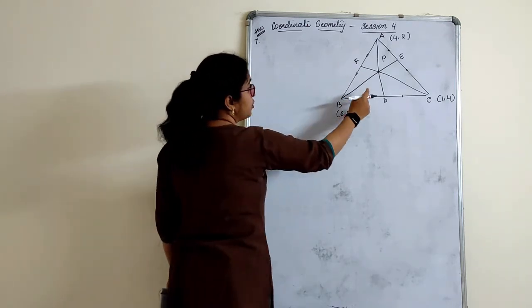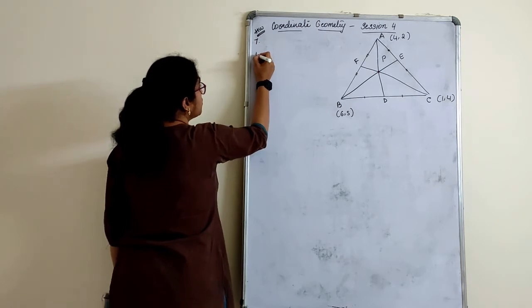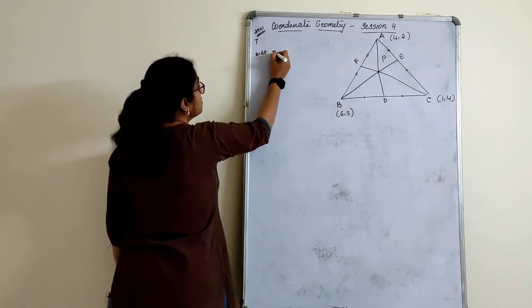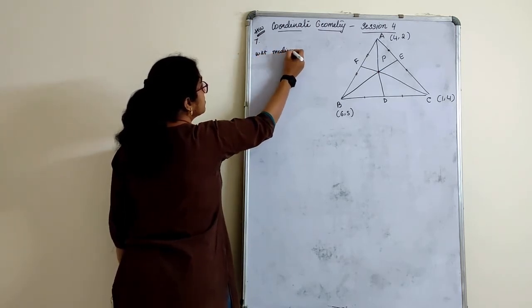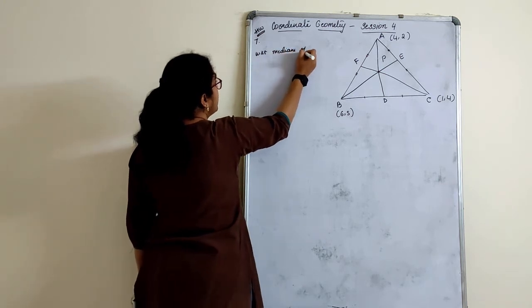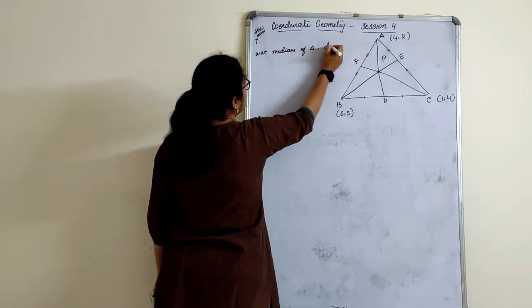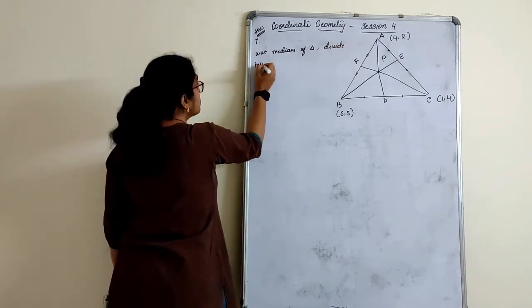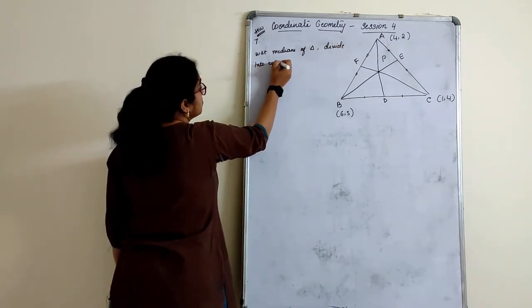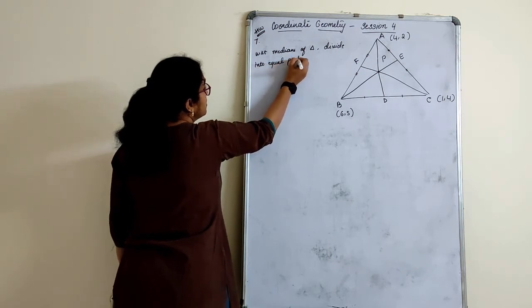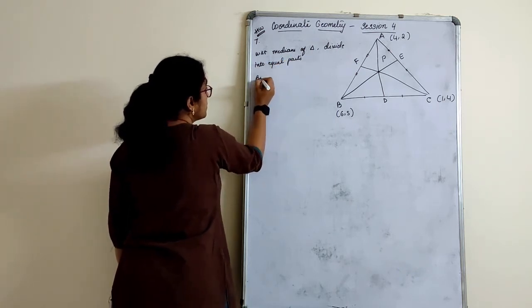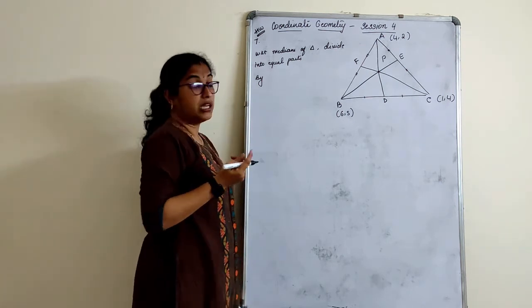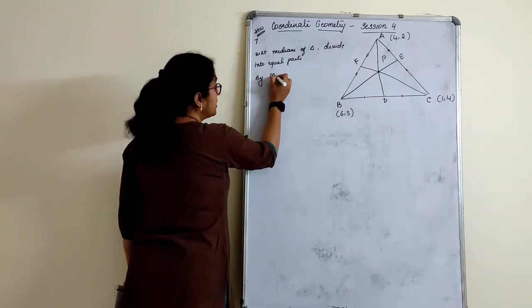So once we have drawn this, write down: we know that medians of a triangle divide the sides into equal parts, by which formula here? Midpoint formula.